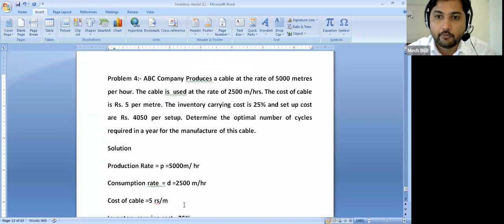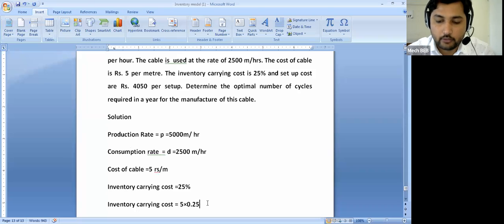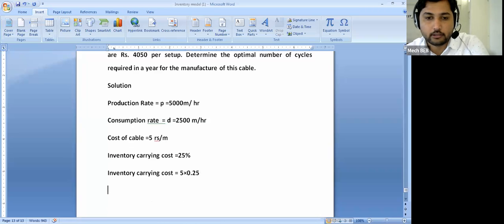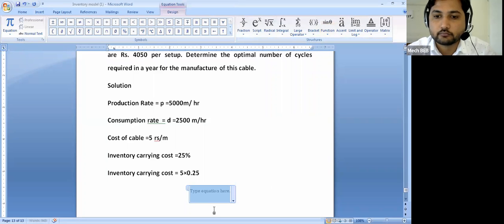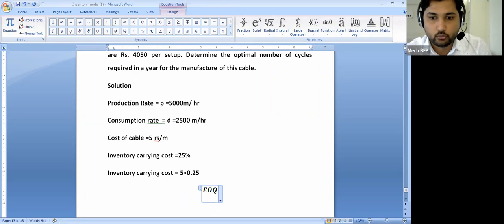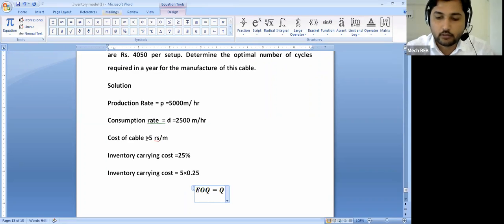Now, first of all, what we need to determine? We need to determine the economic order quantity, EOQ, or you can say Q star.